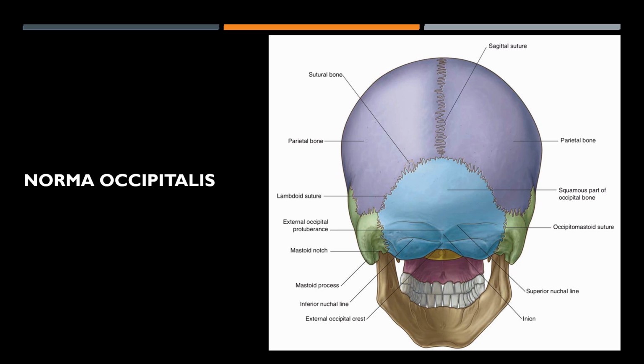We also have the mastoid process, which is here, although it is primarily visible on the lateral view of the skull. These rounded projections located just behind the ear provide attachment for muscles like the sternocleidomastoid, which is responsible for rotating and flexing the head.